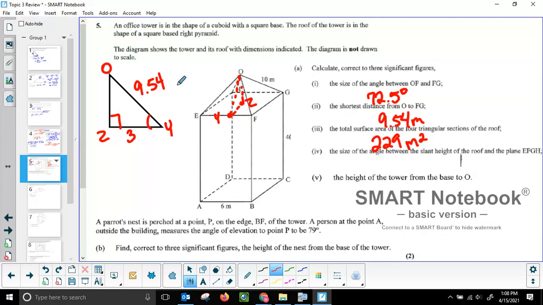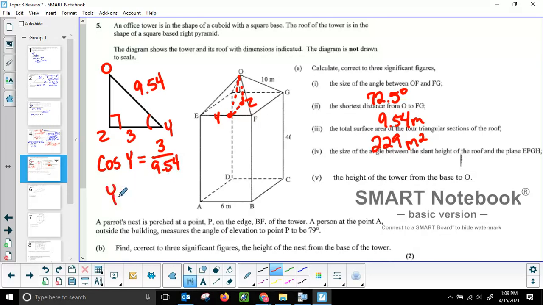So of course now we have a right triangle. We can use SOHCAHTOA again, right? So from this angle, this is my adjacent, this is my hypotenuse. So I'm using cosine. So the cosine of y is equal to adjacent over hypotenuse.